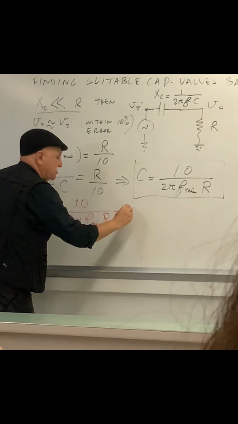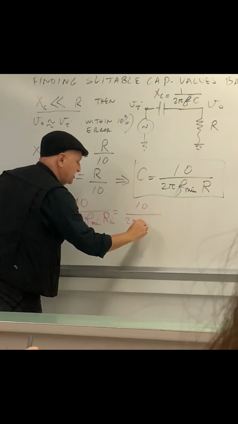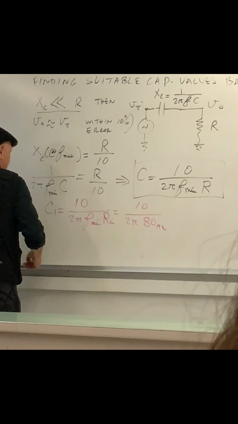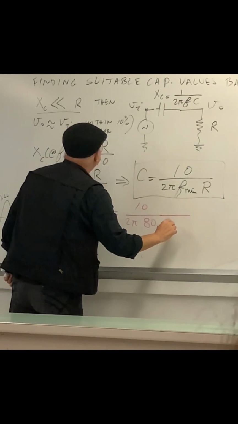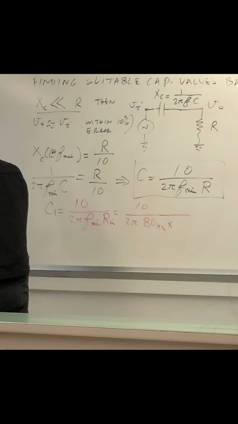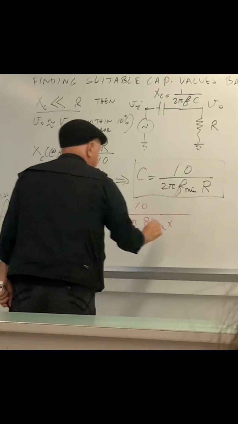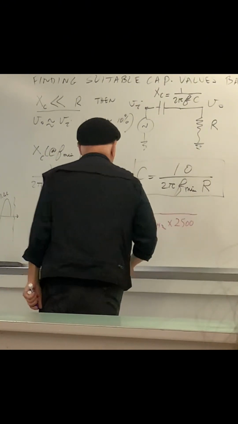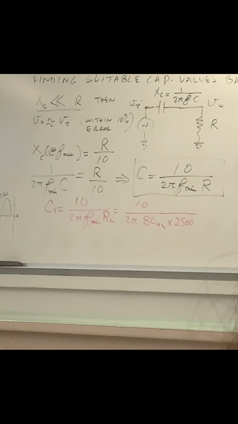So it is equal to 10, 2 pi, 80 hertz, because this is our F minimum, 80 hertz, times 2500 ohm. Our Rin was 2500 ohm. There you are, finished, calculate. You will see it's like a few microfarad.